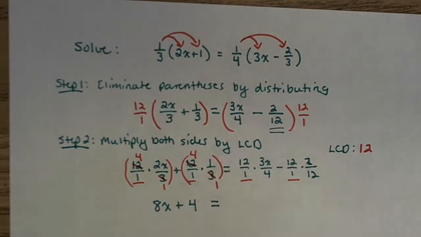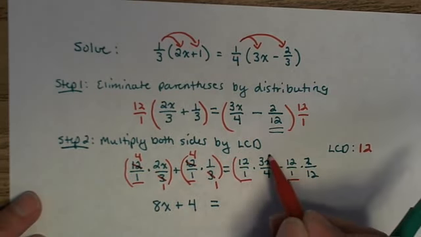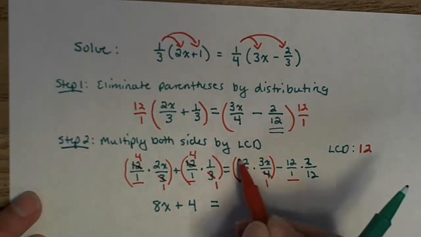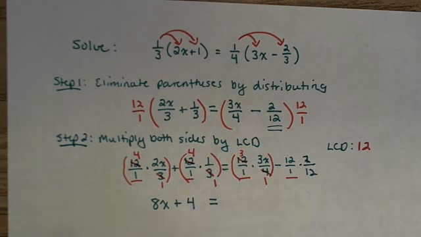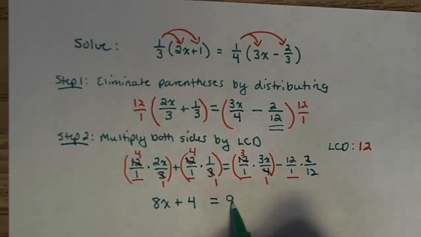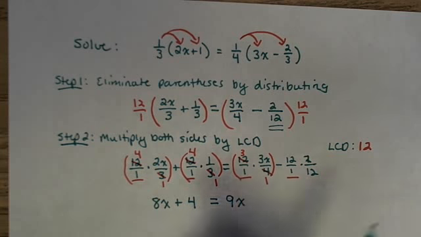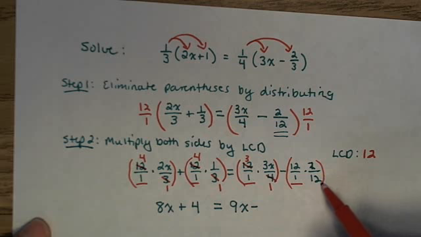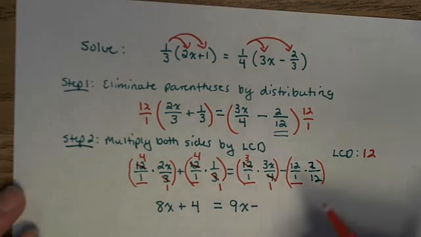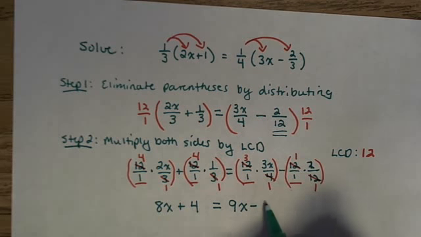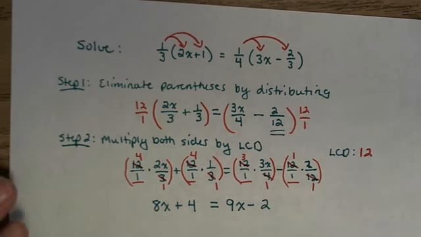And that's equal to, now I look at the next two fractions. Again, notice 4 goes into 4 once, 4 goes into 12 3 times. 3 times 3x is going to give me 9x. And now I have minus, and I can look at these two fractions over here as well. So 12 goes into 12 once, 12 goes into 12 once, and over here I'm left with the 2.